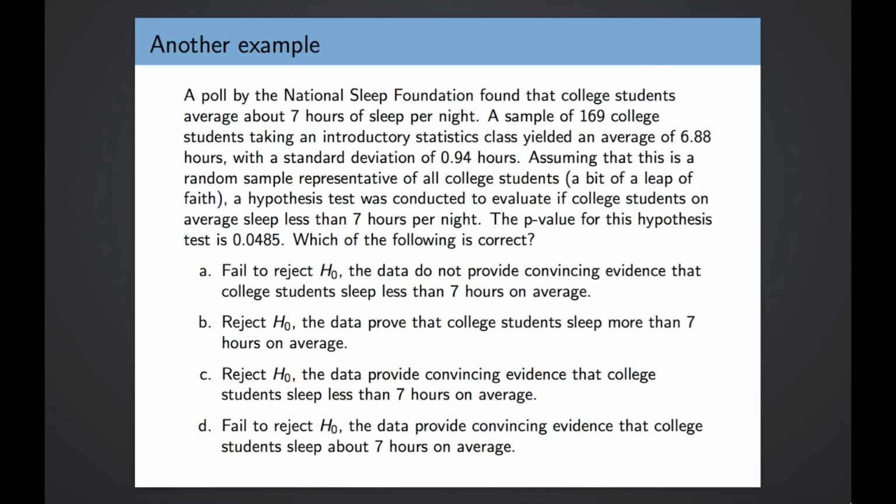So, if we assume that this is a random and representative sample of all college students, which might not be the case, but let's just assume it, a hypothesis test is conducted to evaluate if college students on average sleep less than 7 hours per night. And when we do this hypothesis test, we find a p-value of 0.0485. So, which of these following options is correct? Go ahead and pause the video, read through these options, and see what you think.